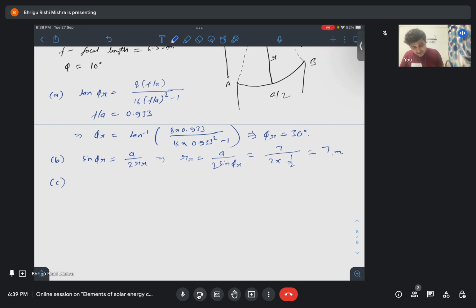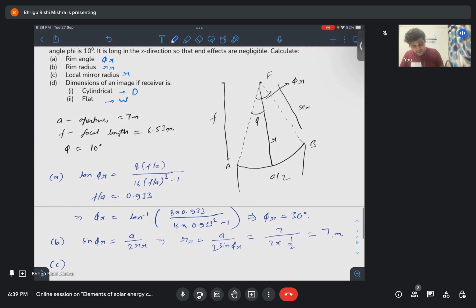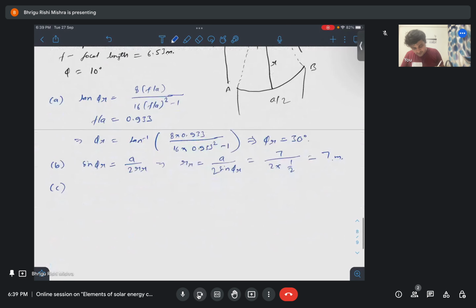Now the third one is the local mirror radius r. The formula for local mirror radius r is 2f by 1 plus cos phi.